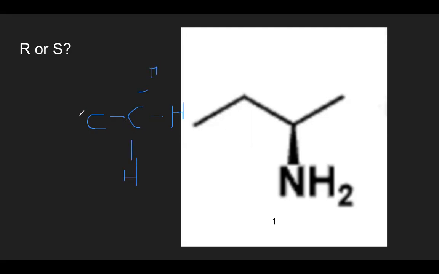Whereas on the left side, our chiral carbon is connected to a carbon, another carbon. So hydrogen has a lower atomic number than carbon, so this one will be assigned priority 2, and then this one will be assigned priority 3.